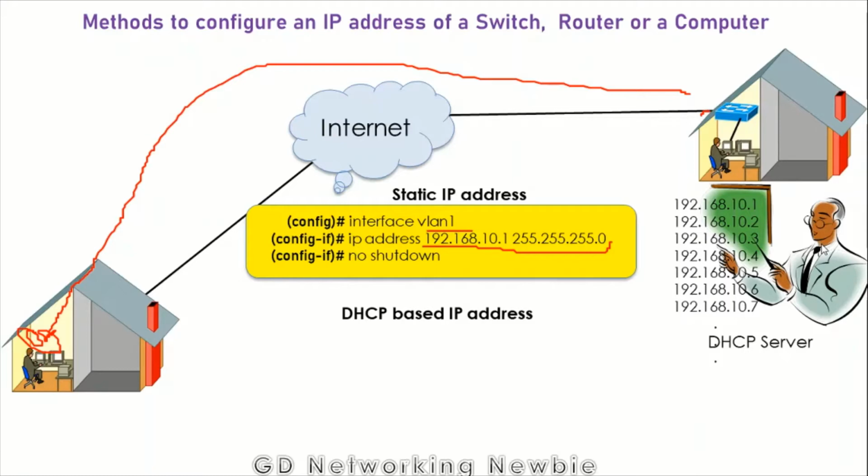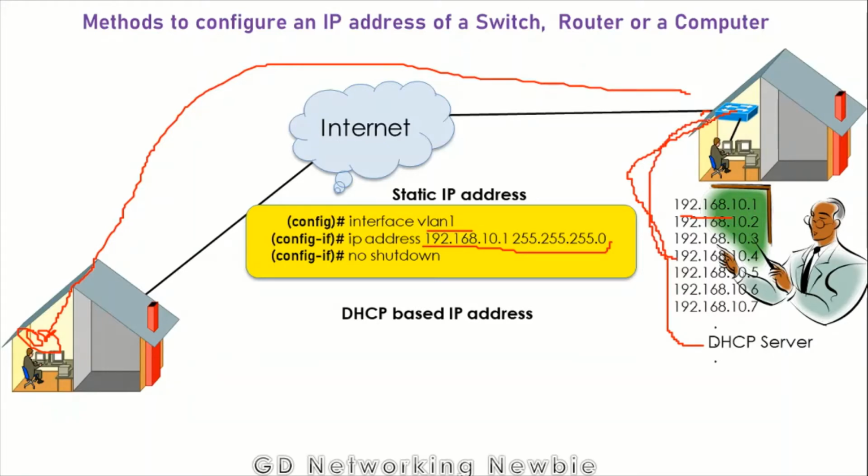When a client, any client, for example this switch, asks for an IP address from this DHCP server, the DHCP server will look into the availability of those IP addresses and then take one of the IP addresses from this pool. This is known as the pool. From this pool, any one of the IP addresses will be assigned to the client who is requesting it.